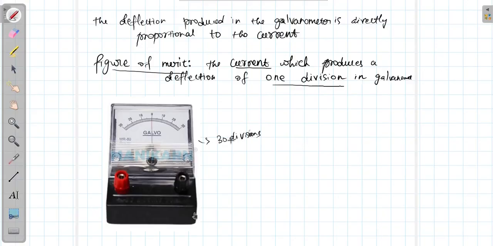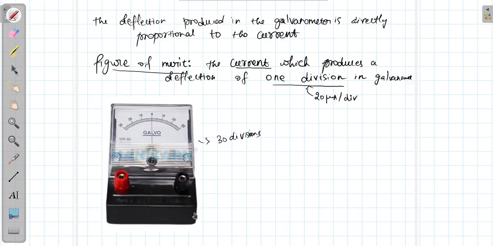Usually in our normal laboratory galvanometer, it is 20 microampere per division. Roughly, it matches this range for this kind of galvanometer.